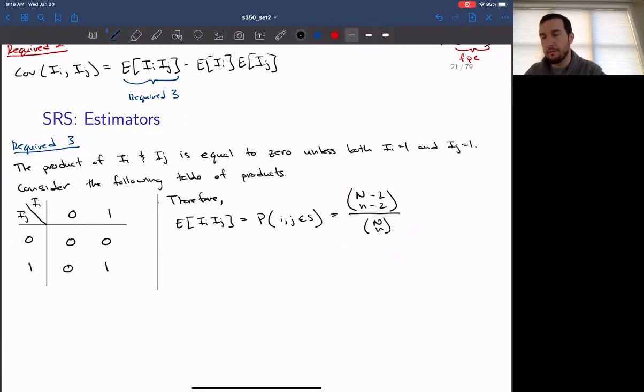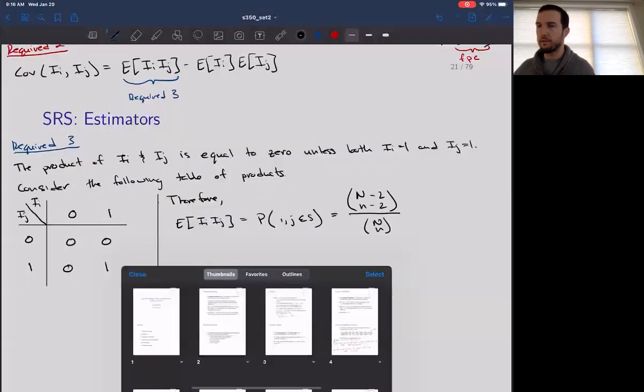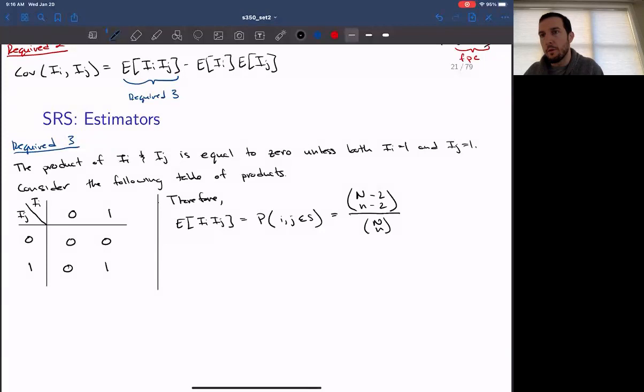And then this follows from the same derivations that we did for the inclusion probability before. Sorry, I'll just give it a second in case anyone's writing this down. Essentially what we're saying is, what is the probability that we collect a sample of size little n if these two values have to be included in the sample? Well, if those two values are in the sample, then we have capital N minus 2 choose little n minus 2 observations left to choose from, over all possible samples of size little n.